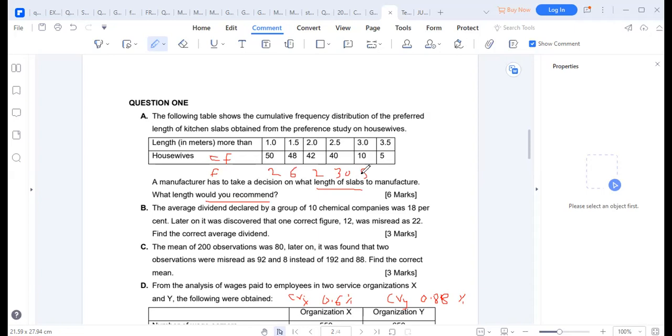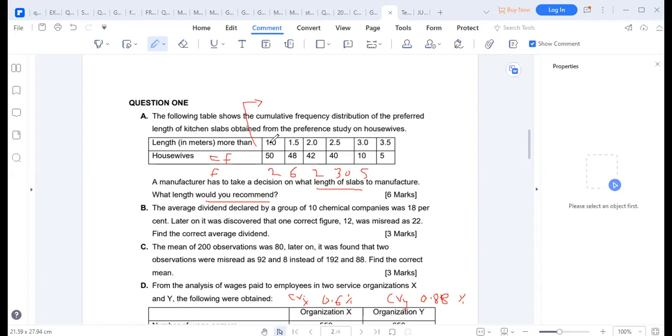So we now need to go to computing the frequency distribution table. We are also going to come up with a frequency, because this will be the midpoint.